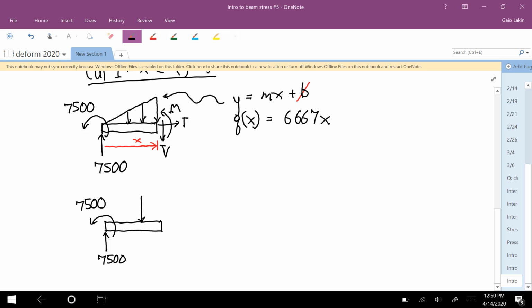The base is x. The height is 6,667x. So we have 3,333x squared. And then the internal loads, P, V, and M.